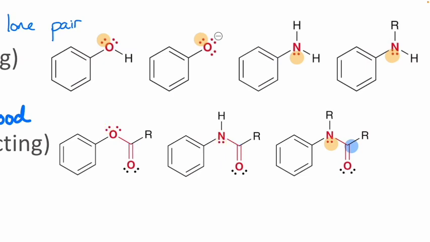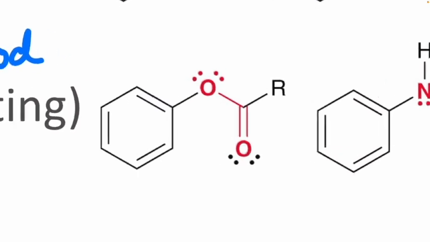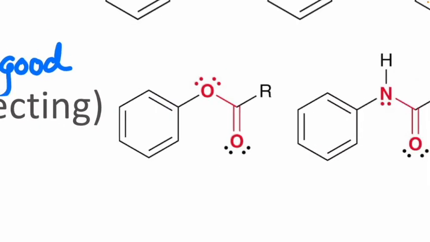We can explain this in terms of resonance by looking at this. Yes, we can draw one resonance structure where this lone pair comes down and joins that ring. Boom, boom. That's that classic electron donating behavior. But we can also draw a resonance structure the other direction, where that lone pair is now being removed from that benzylic position. All right, so these are why they're not quite as good at donating electrons, because those electrons can bounce in either direction.